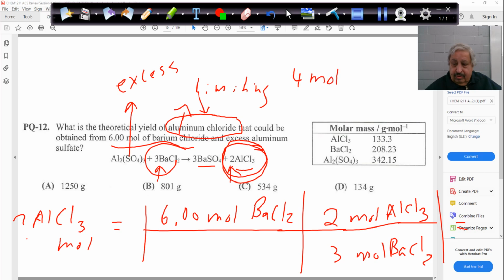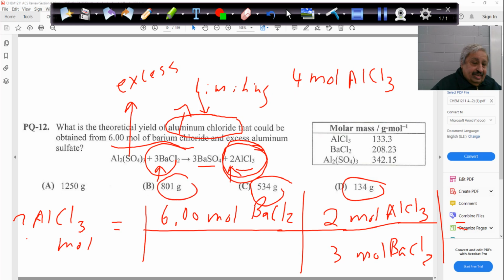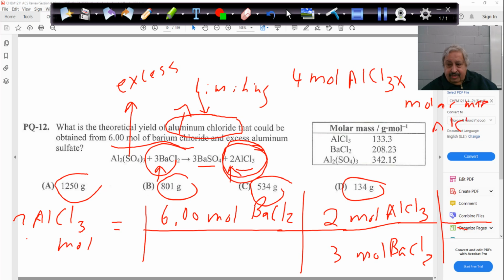So 4 moles of aluminum trichloride. However, we need the grams. The answer in grams, not moles. So what should I do? I can multiply this one here. I can make another, but I have no space. But I can multiply it by the molar mass of AlCl3.